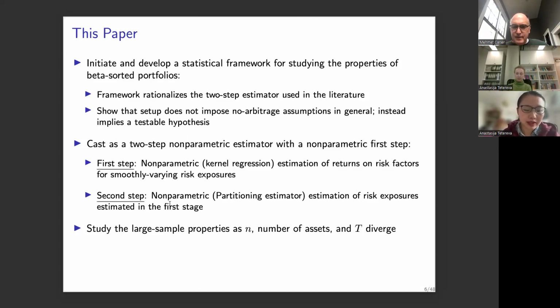Indeed, we study the number of assets being large and the number of time periods being large at the same time, which is a standard large N and large T setup in panel regression.